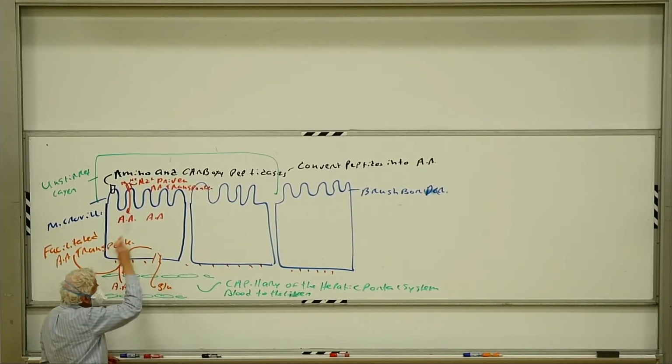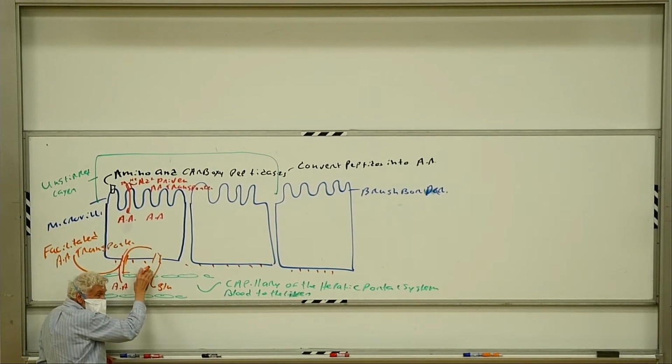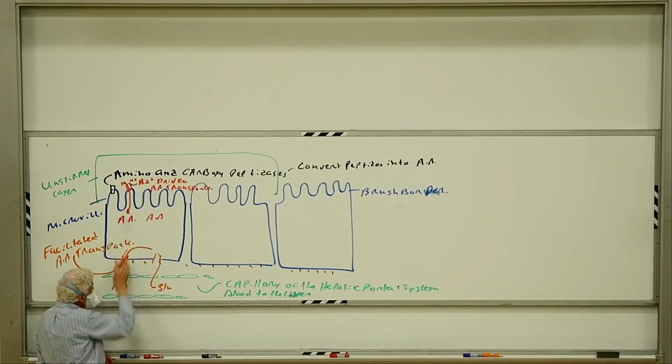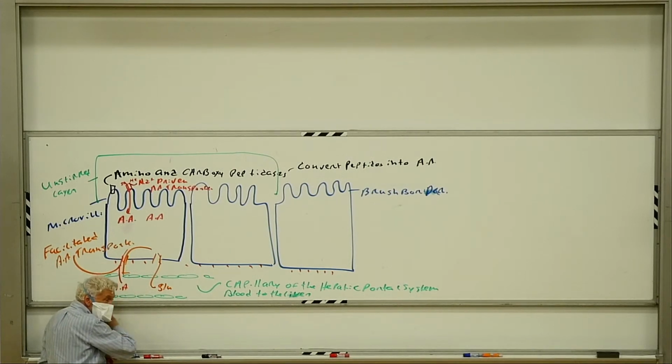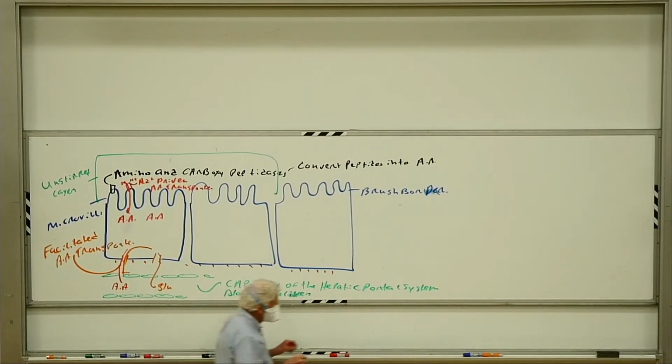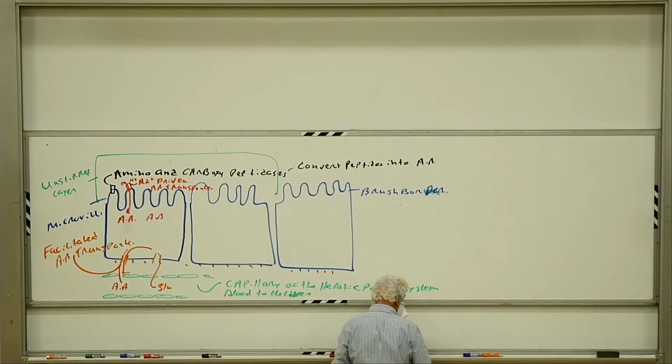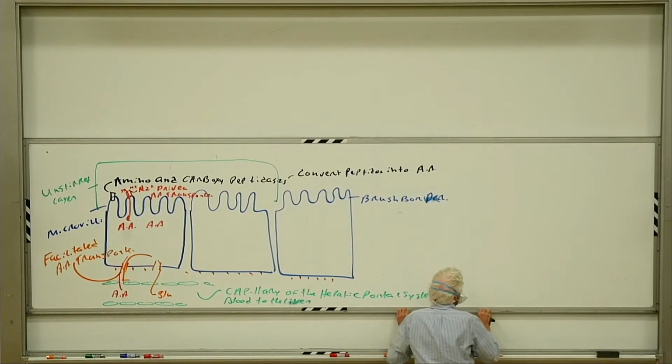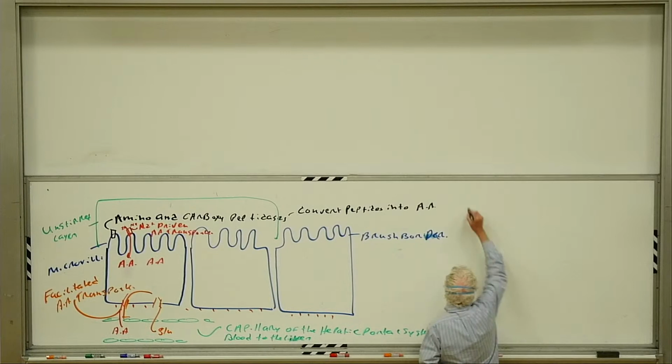So as long as there's a gradient here where we're generating individual amino acids in the extracellular space, we can put amino acids and glucose into the blood vascular compartment and sweep them away to the liver. And that's where we're headed now. We're going to carry this blood to the liver.